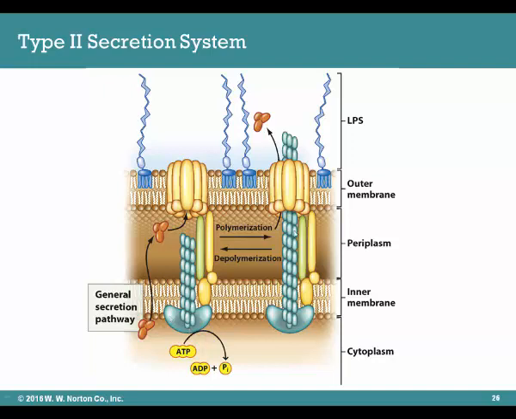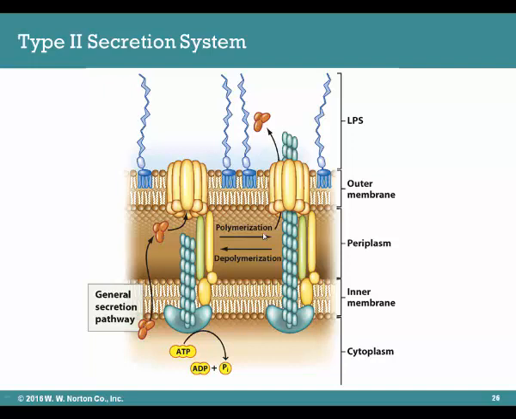So in the inner membrane, there's a system of proteins that will bind and then carry the toxin across the periplasm to a protein channel in the outer membrane that will then allow for the release of the toxin, depicted here in orange.